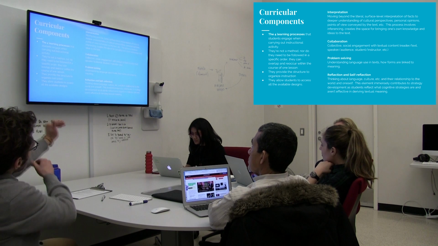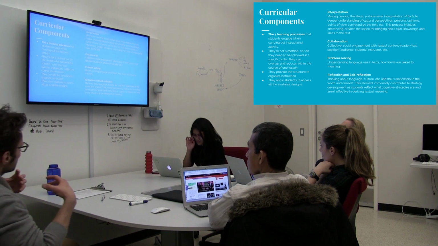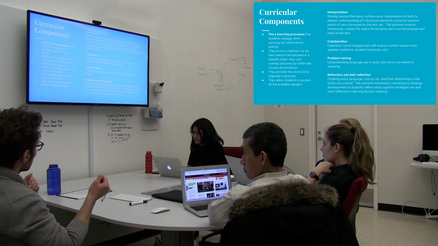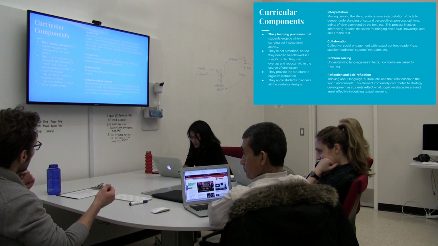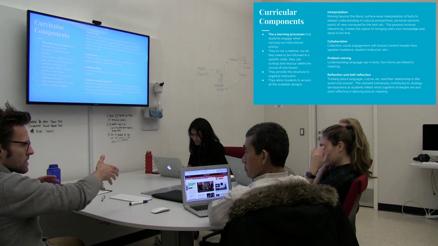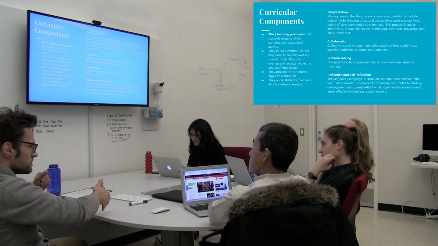But those would be the four trajectories along which we want to think when designing materials, when designing curricula, when thinking about how our students will be learning, which goes back to the learning goals that we discussed last week and learning objectives.